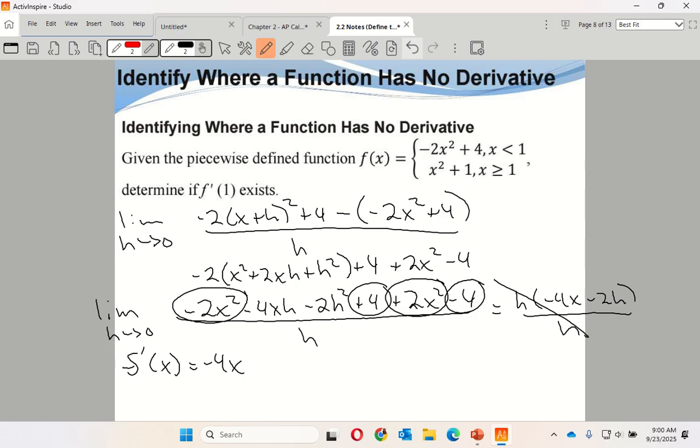All right, I need to do the other side also. I kind of ran out of board here, so I'm going to another page for that one. So x squared plus 1.